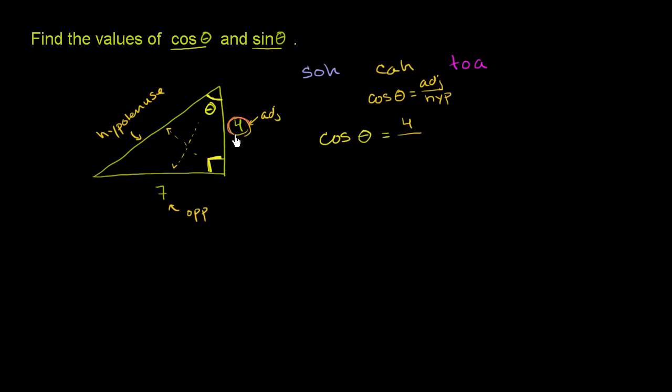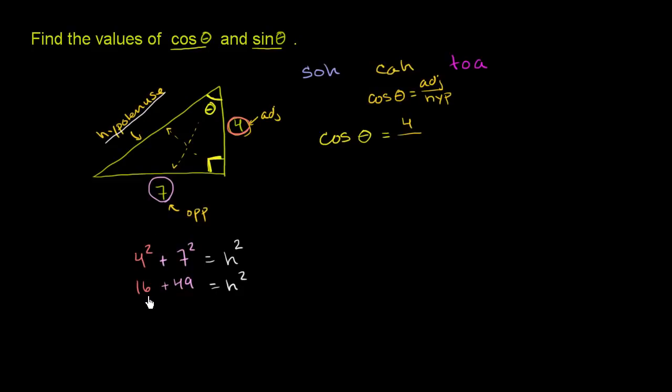So we have 4 squared plus 7 squared is equal to the hypotenuse squared, which I'll call H squared. 4 squared is 16, and 7 squared is 49.